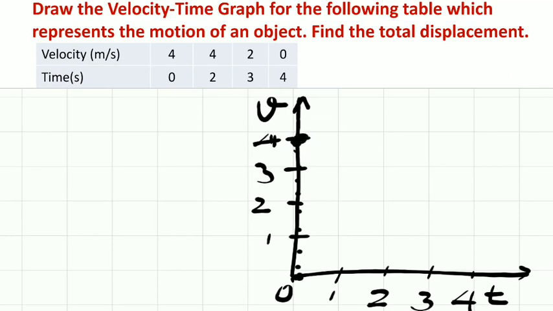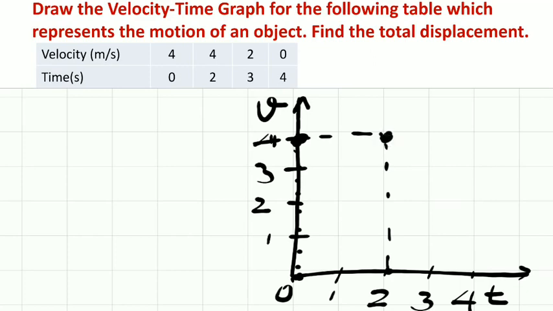Now next thing, the velocity is still 4 and the time is 2. Now meet them. So these intersect at this point. So we obtain this point.